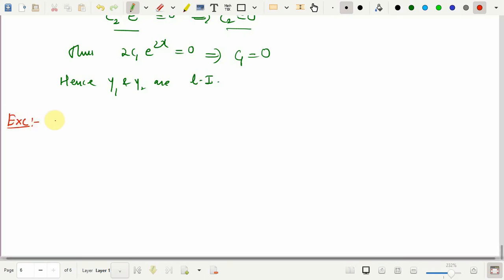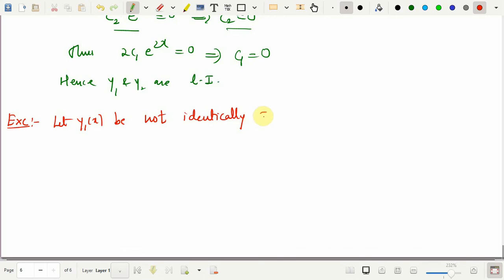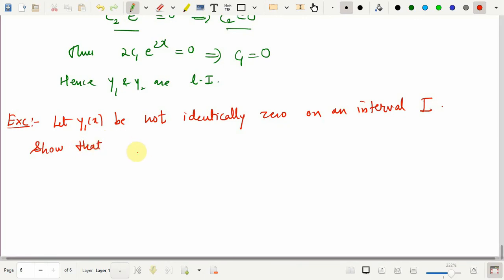Suppose let y1 of x be not identically 0 on an interval I, show that this is in fact a necessary and sufficient condition for a given two functions y1 and y2 to be linearly dependent if one of them is non-zero.